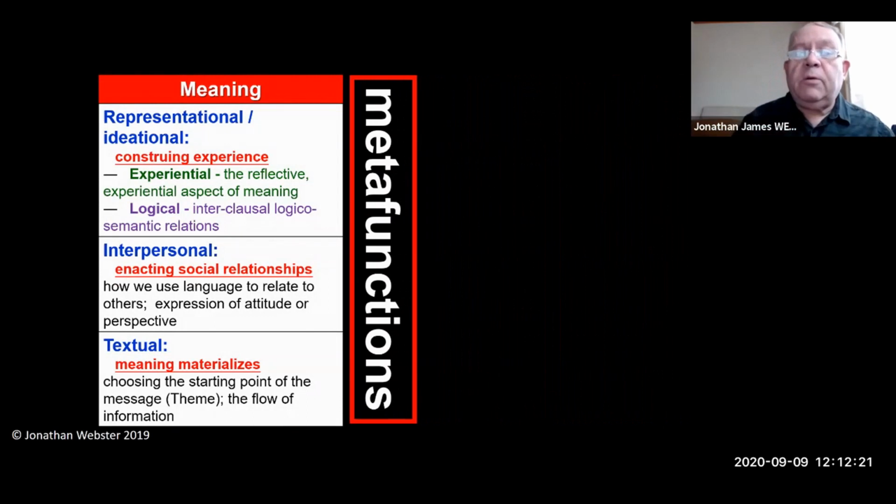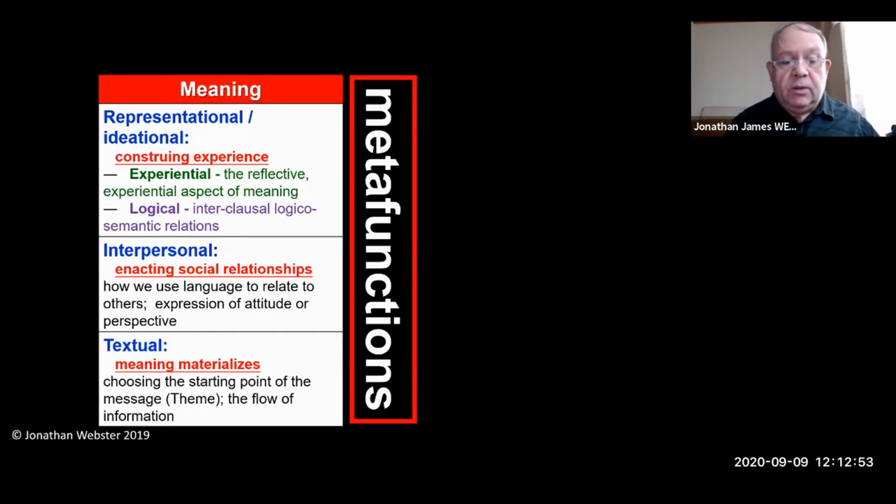And so what we said was that any language has these three metafunctions to be able to construe the world, our experience. We're going to be more specific. We're going to call that the experiential subcomponent of the ideational meaning, because ideational also includes the logical, how you combine those ideas, how you expand on what you're saying.